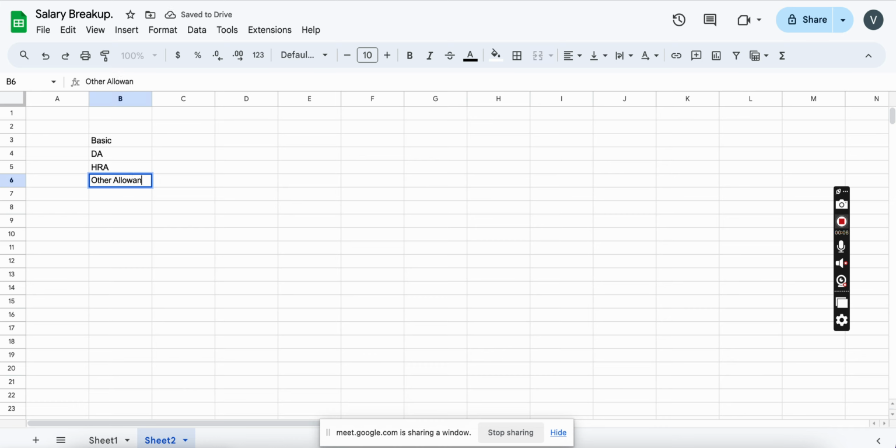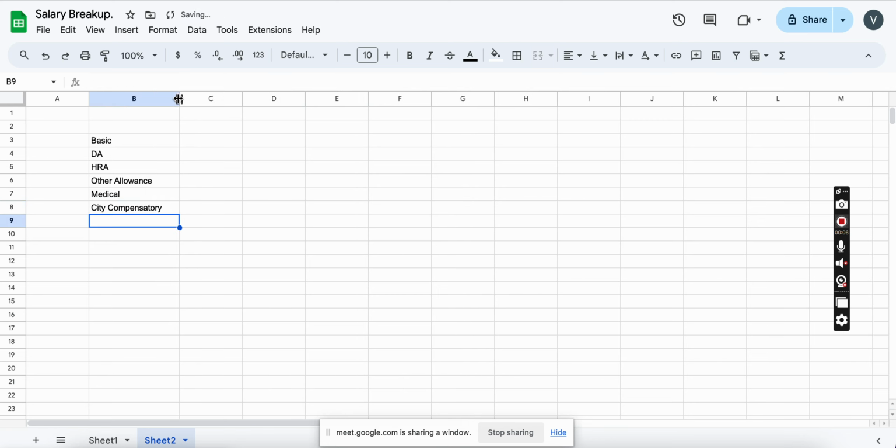Sometimes this other allowance is written as medical allowance, city compensatory, and also conveyance. But other allowances are nothing but a kind of special allowance.